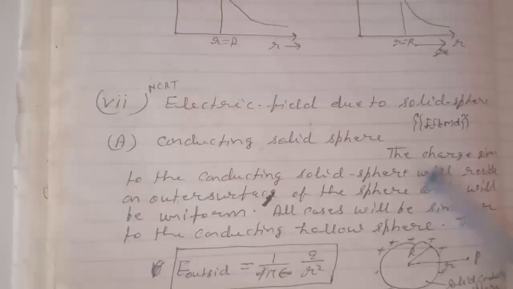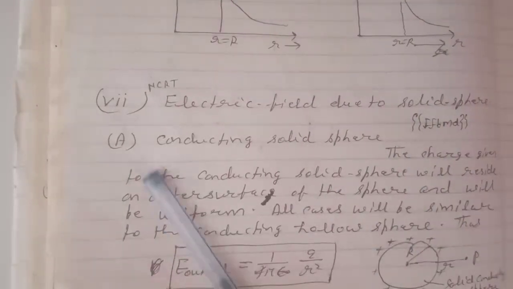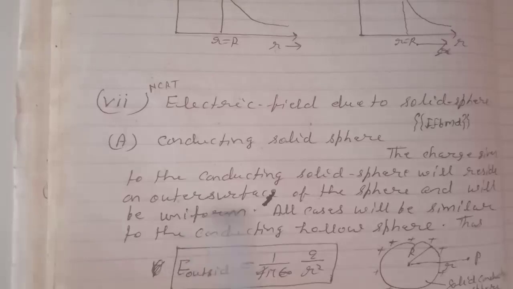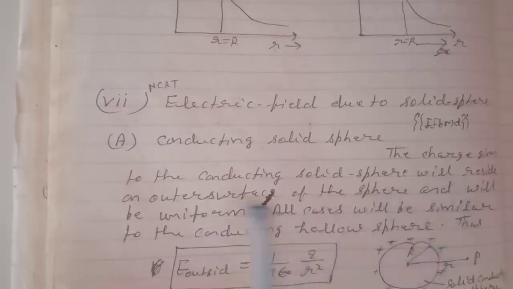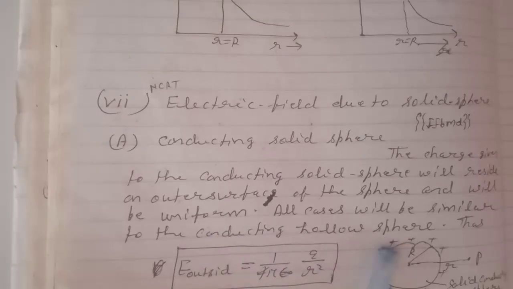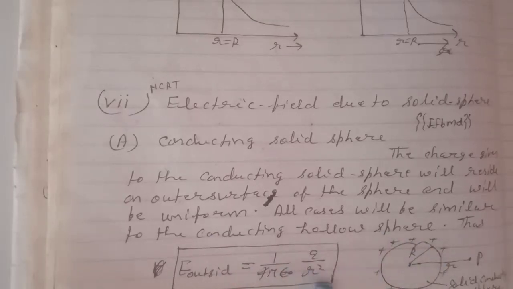Now the electric field due to a solid sphere, a conducting solid sphere. The charge given to the conducting solid sphere will reside on the outer surface of the sphere and will be uniform. All cases will be similar to the conducting hollow sphere.